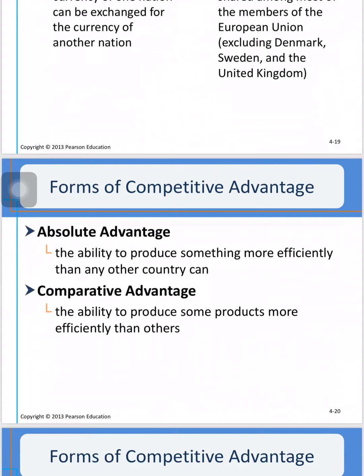Absolute advantage is the ability to produce something more efficiently than any other country can. A country enjoys an absolute advantage when it produces something differently from other countries, maybe cheaper or of higher quality.